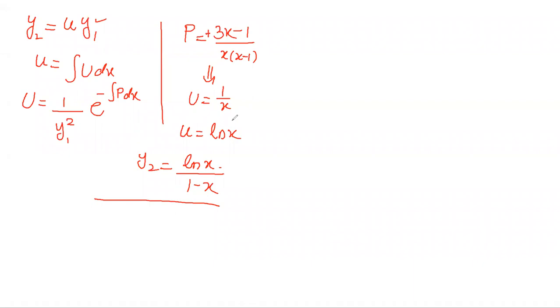So now you can find the second solution by the reduction of order method, along with the Frobenius method.